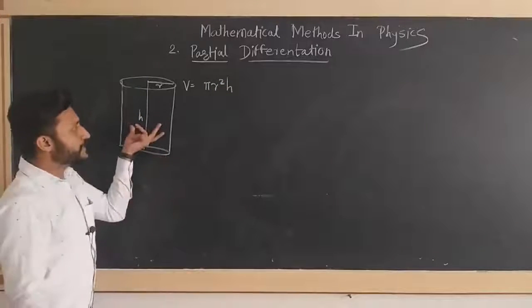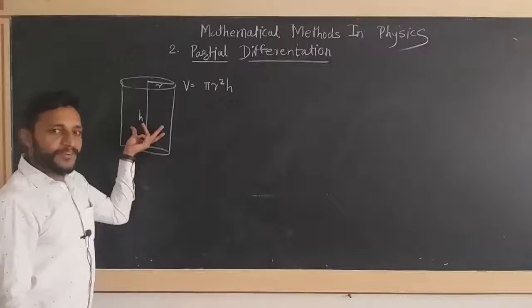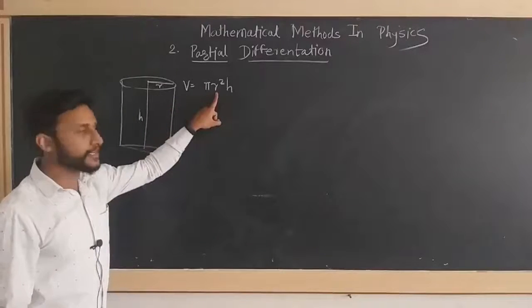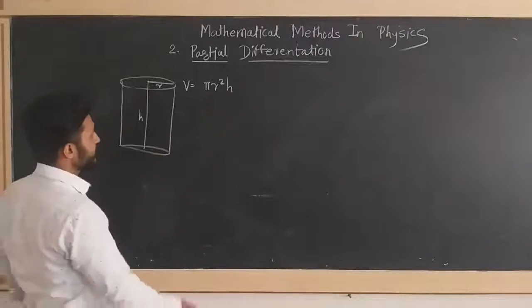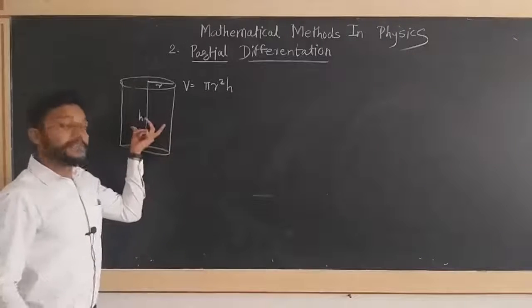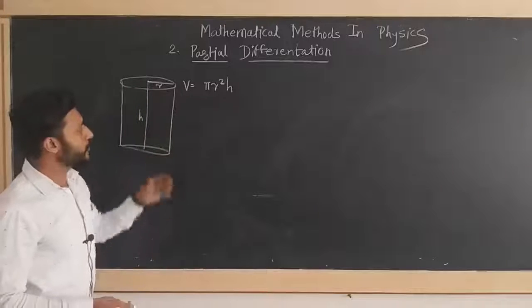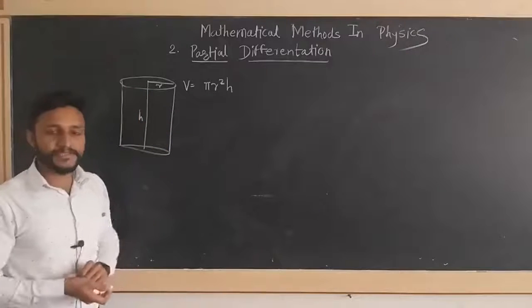So volume of the cylinder is a function which depends on radius and height of the cylinder, because volume changes if height changes and volume changes if r changes.